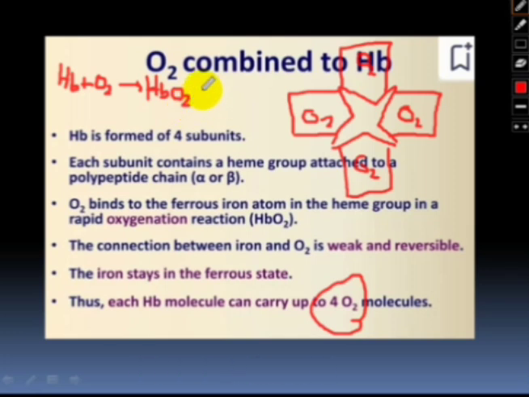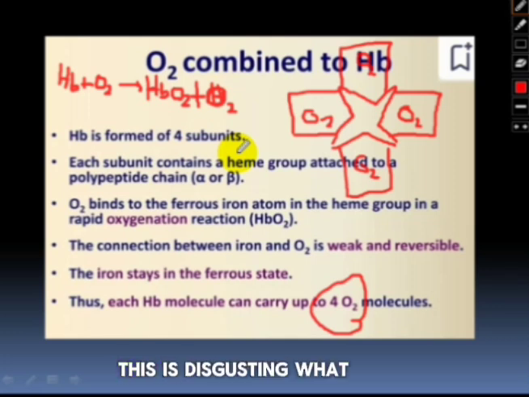If HbO2 reacts with another molecule of oxygen, what will that give you? HbO2 plus O2 will give you what?